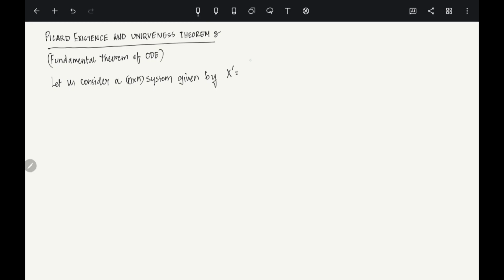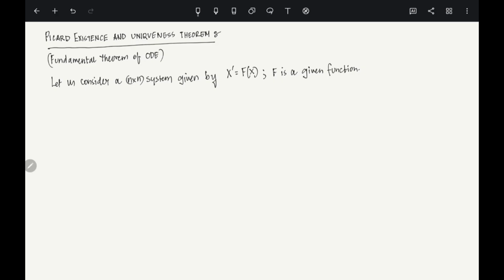We are not looking for a linear system, but for x prime equals f of x. Here f is a given function, and now we want to see whether we can say something about the existence of a solution or not.